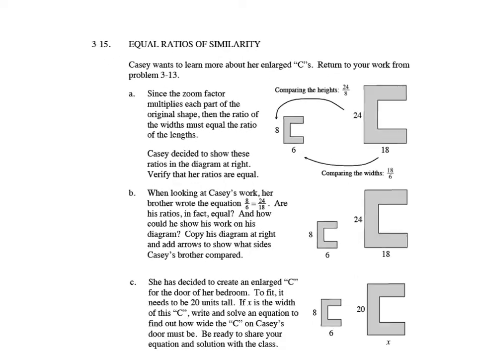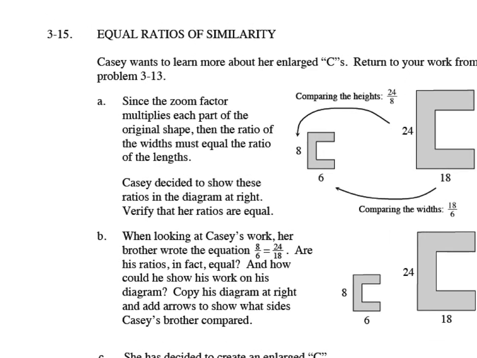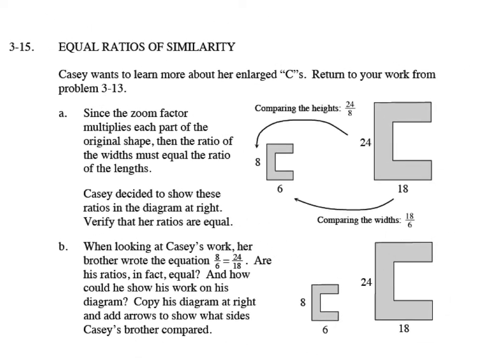Moving on now, talking a little bit more about similarity. We're going to be looking at problem 3-15. We are going to look at the ratios of side lengths within similar figures. This goes back to the letter C with Casey. It says here on letter A that since the zoom factor multiplies each part of the original shape, the ratio of the widths must equal the ratio of the lengths.